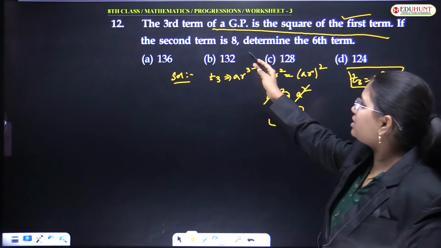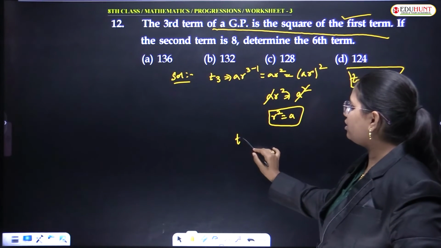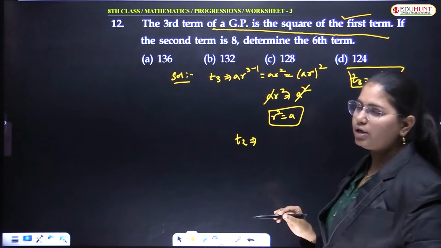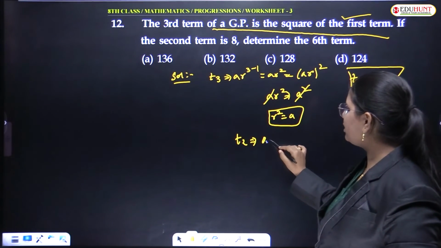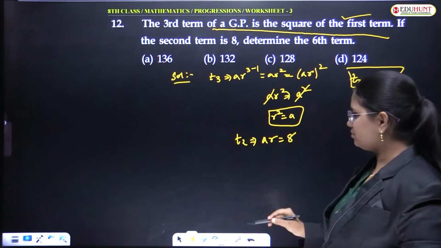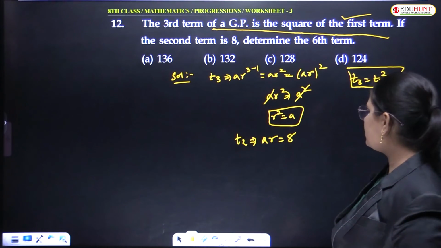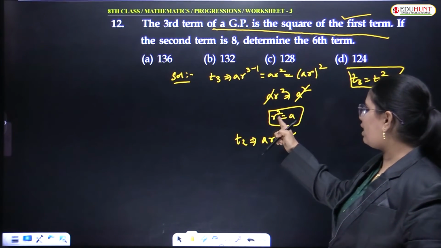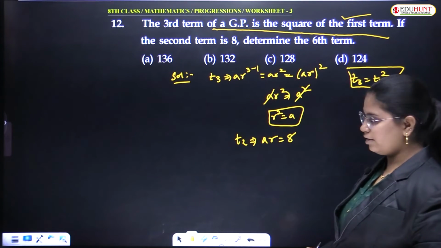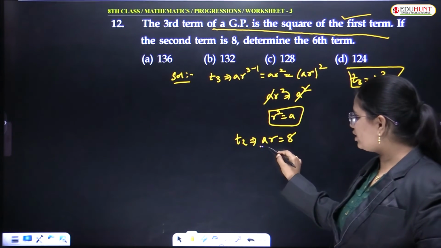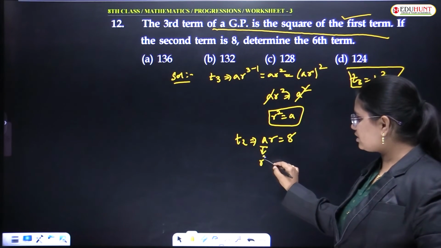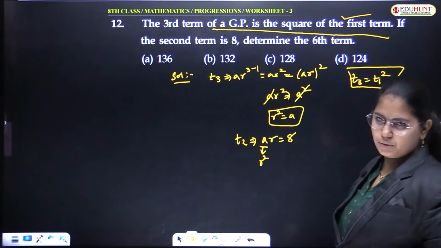If the second term is 8, so also given T2 is equal to 8. T2 can be written as AR is equal to 8. Correct? So I have R square is equal to A. So let's substitute R square in the place of A from the above equation.